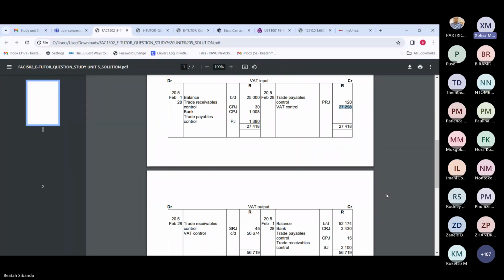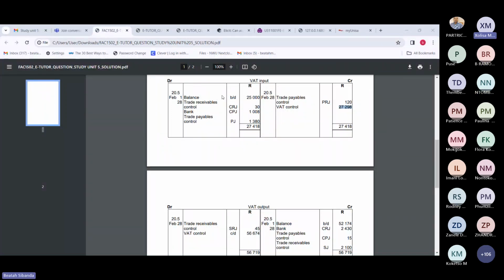So on a net basis, when you file your VAT return, the amount that you are going to pay is 56,674, and then we minus 27,298. So the net amount you're going to pay over to SARS is 29,376. Okay, so are you following?